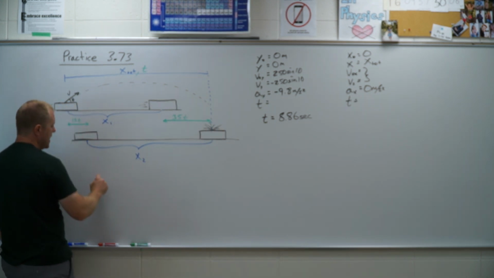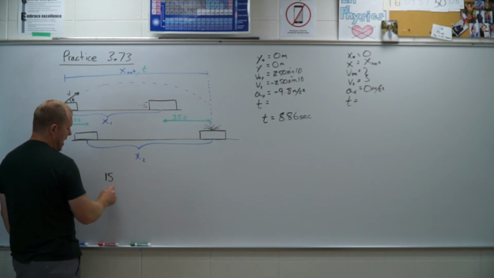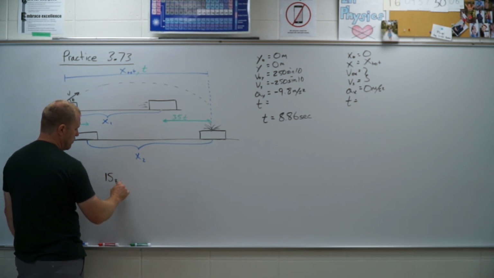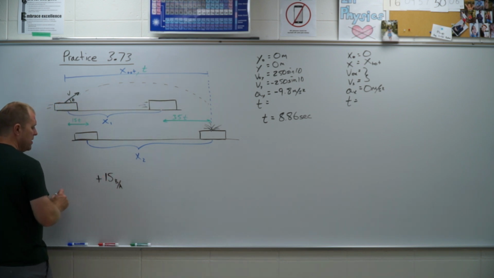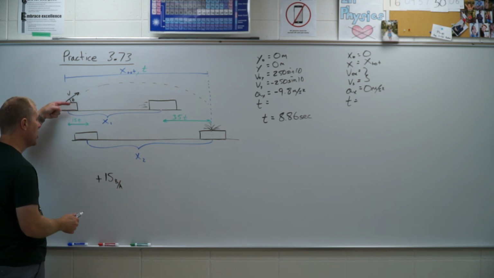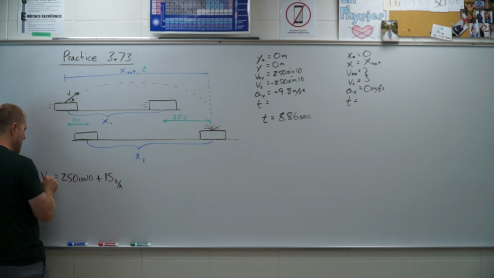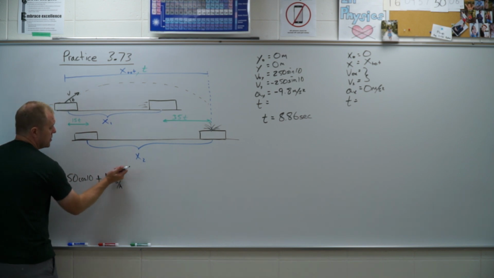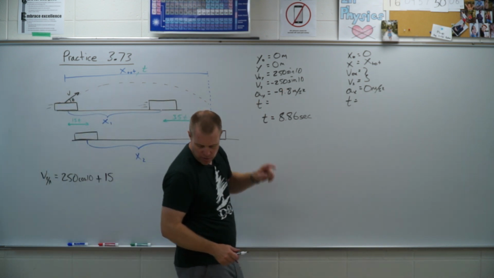The tank is moving at 15 meters per second, which is the velocity of my frame of reference relative to the ground. Plus, I have to add on the velocity of my shell relative to the tank, which is 250 cosine of 10. That gives me the velocity of the shell relative to the ground. If I add that all together, that tells me what number I need to put in here.